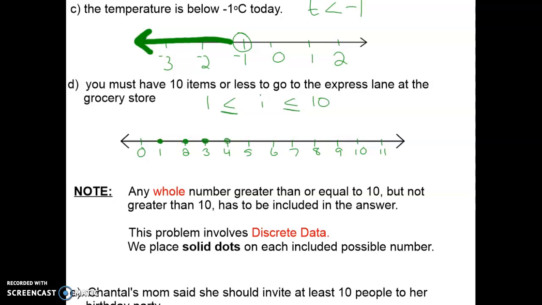So 1, 2, 3, 4, 5, 6, 7, 8, 9, and 10 are all parts of our solution, so we can draw dots on all of those and make sure they're all shaded in. Any whole number greater than or equal to 1 but not greater than 10 has to be included in the answer, and this problem involves discrete data, so we put solid dots on each included answer.